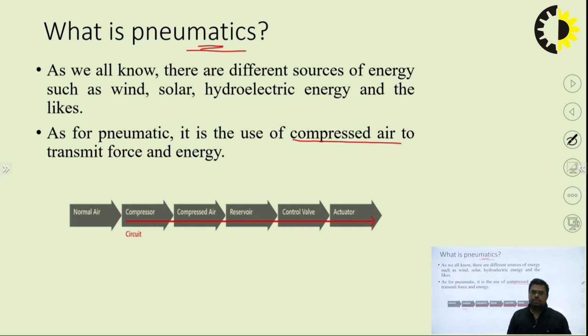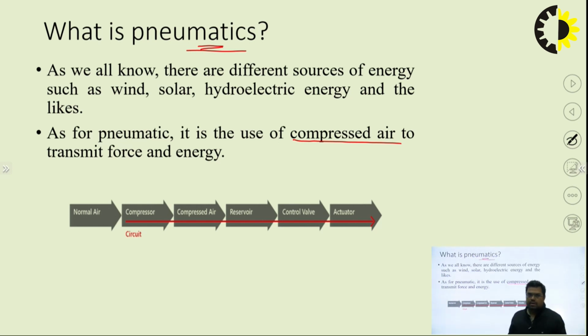We cannot use air directly. In our surroundings natural air is always present, so we compress this natural air with the help of a compressor and transmit it either in the form of force or in the form of energy.